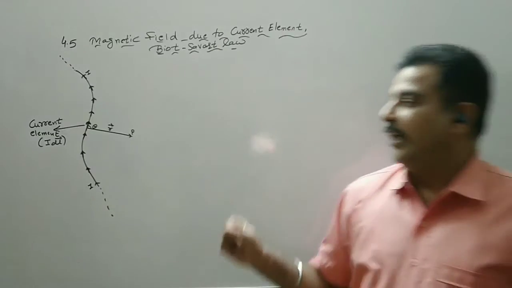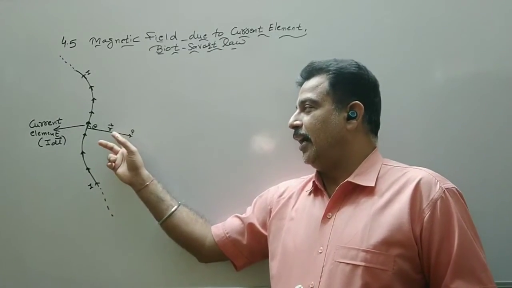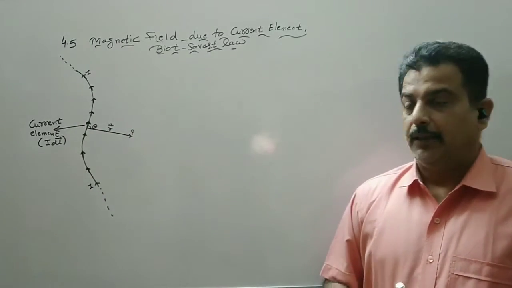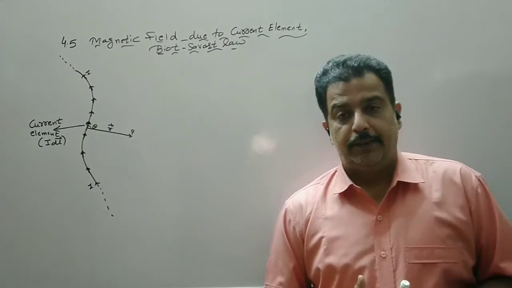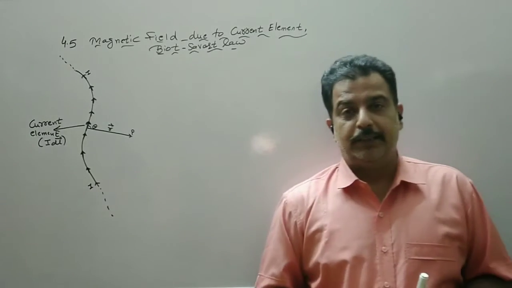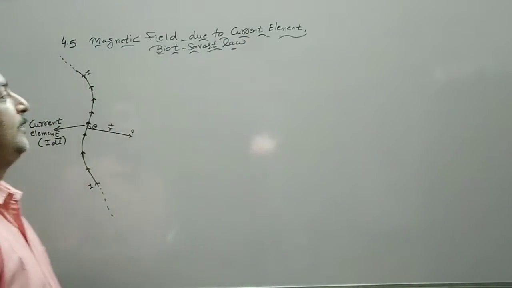Now we consider any point at a distance, the magnitude is r, or we call it a displacement vector or a position vector. So according to Biot-Savart, the magnetic field intensity at any point, we are talking about the magnitude, then we will come to the direction.